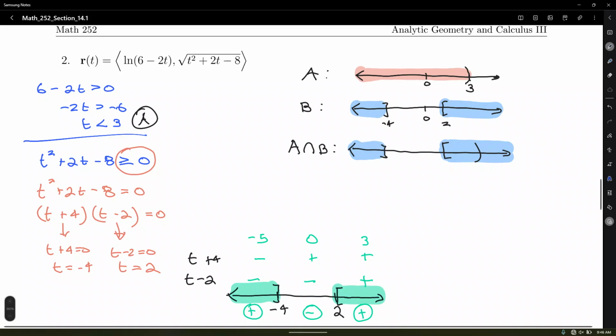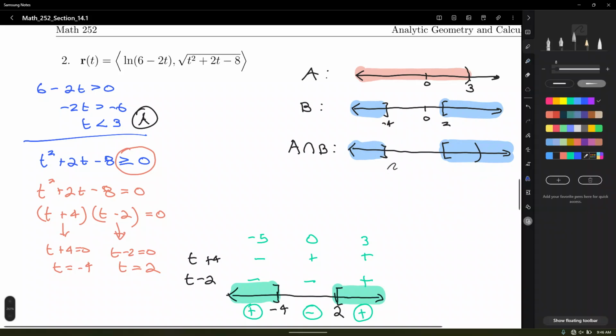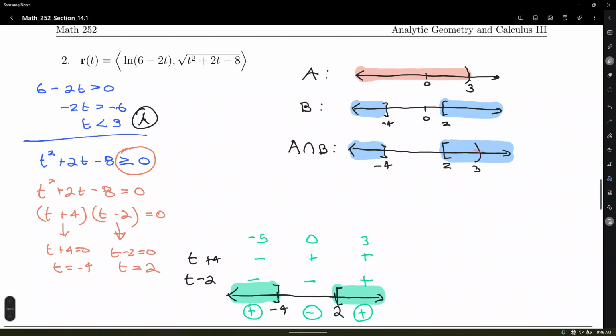So that's -4, 2, and 3. And for 3, that's going to be to the left of 3.